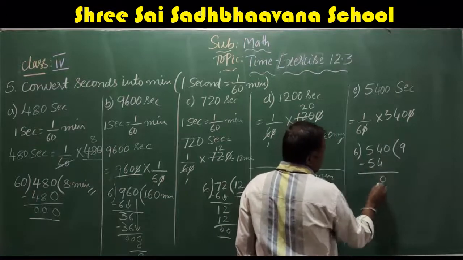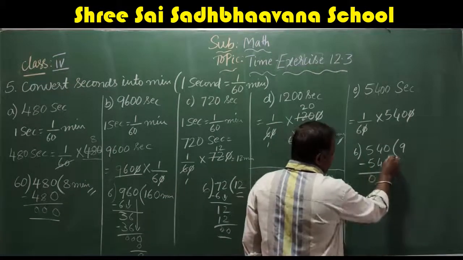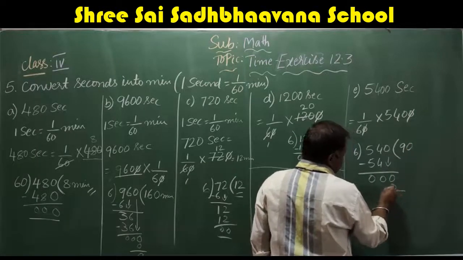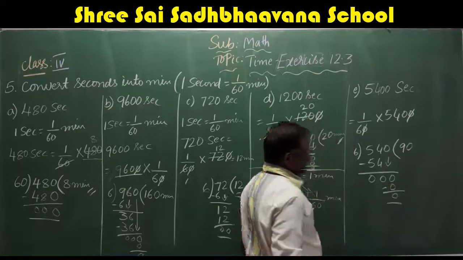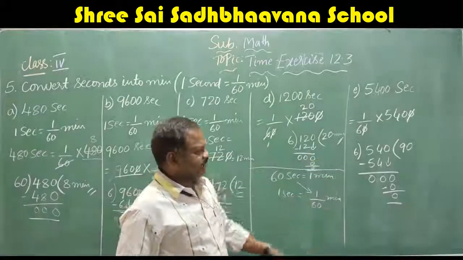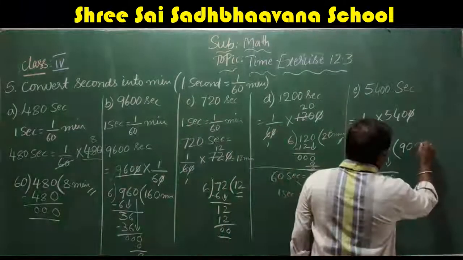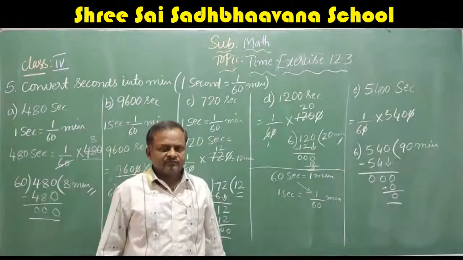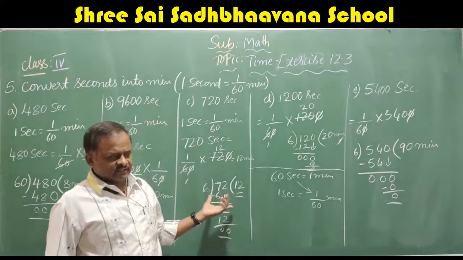Subtract, 4 minus 4 is 0, 5 minus 5 is 0. Take down 0. 6 zeros are 0. You will get 0. So how many minutes? 90 minutes. 5400 seconds is equal to 90 minutes. I hope you understand this one also.